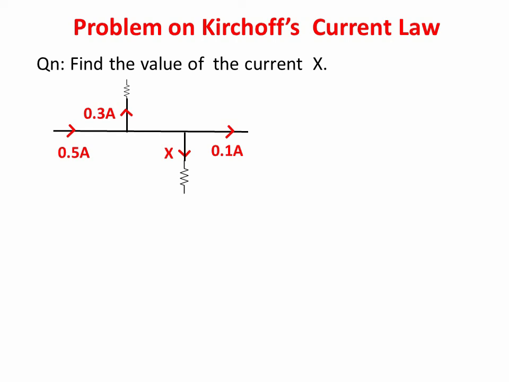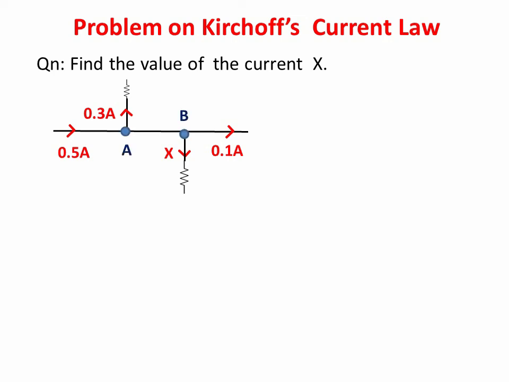Yes, 0.5 ampere is the entering current. All the remaining three are leaving currents: 0.3A, 0.1A and X. What is the aim of this problem? To find out the X value.